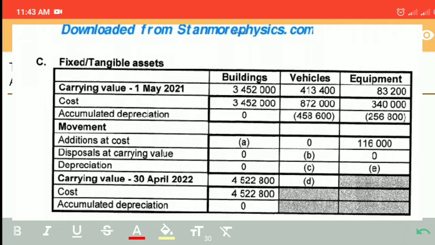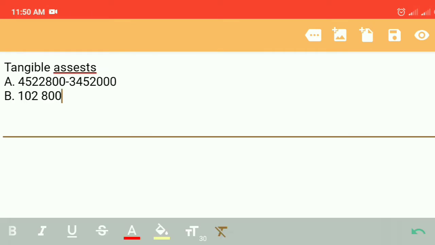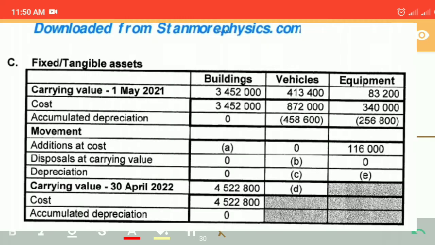So we are going to B now, which is the long one. On B, we just said 102,800. Why? Because as you can see, we are focusing on vehicles, disposal at carrying value. They want the amount of disposal at carrying value.